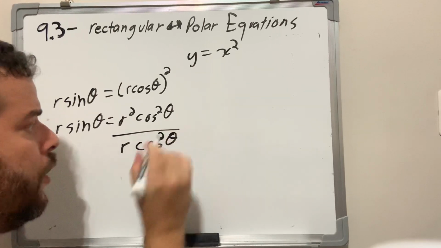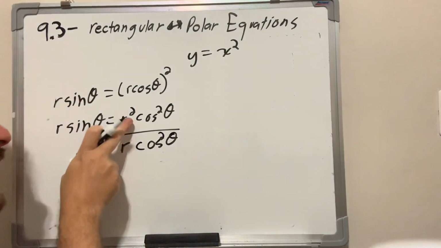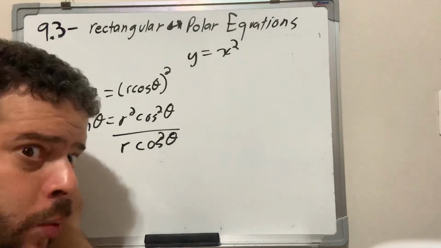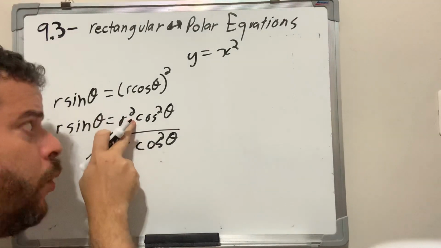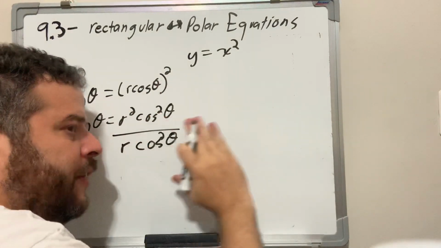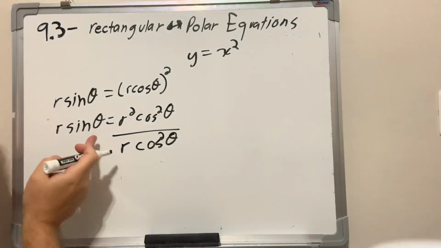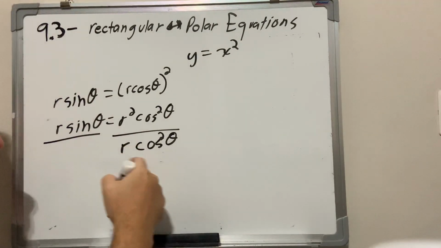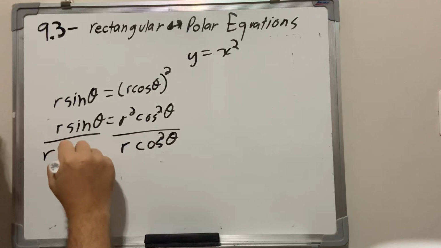So again, you always pick the side that's squared. This one isn't squared, so don't do it here. This side is squared, so you get rid of one r and everything else that's on that side. And since it's an equality, I'm going to divide the left-hand side by this exact same expression.